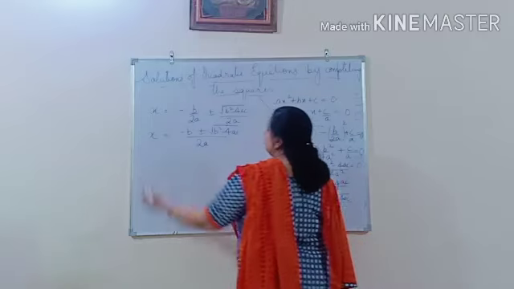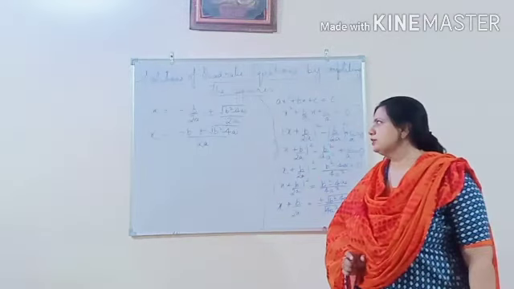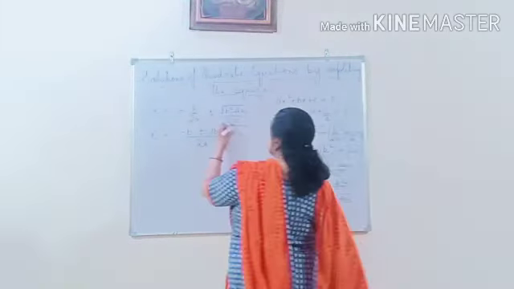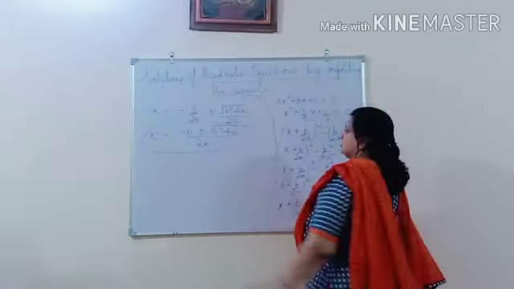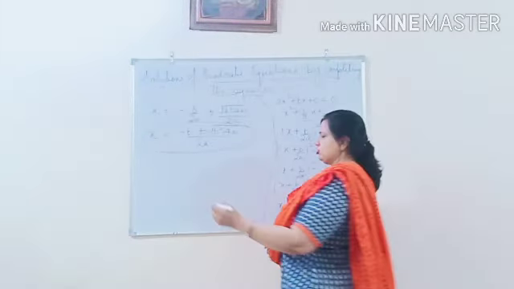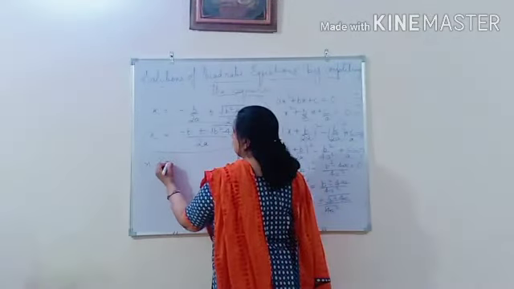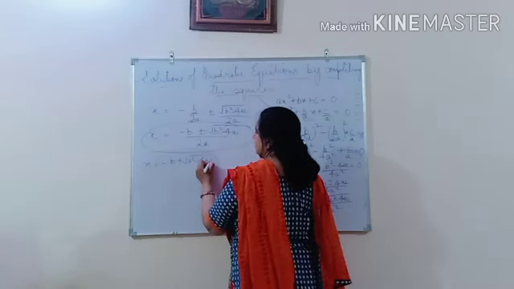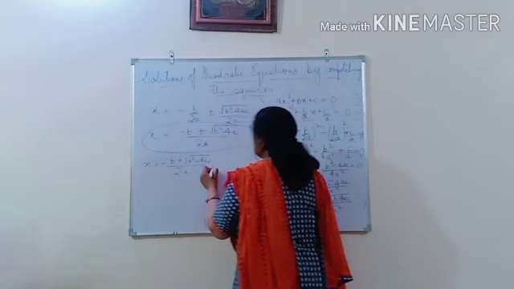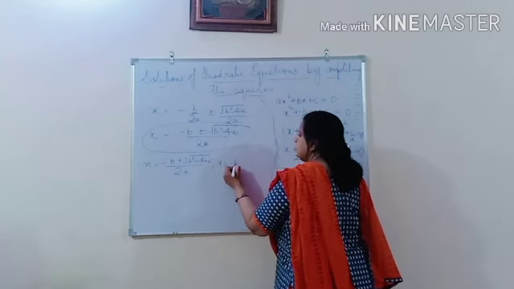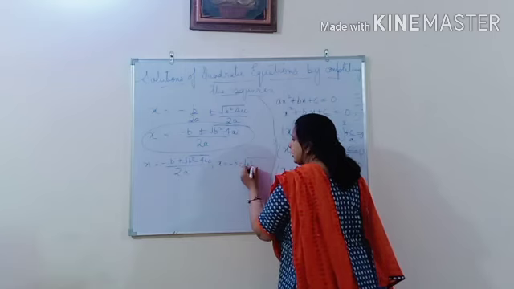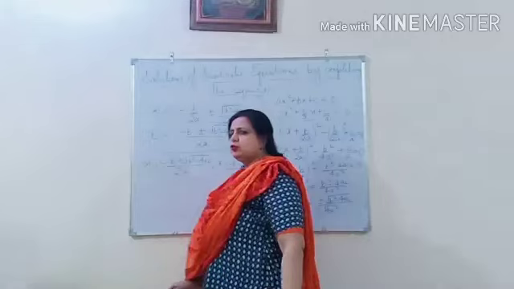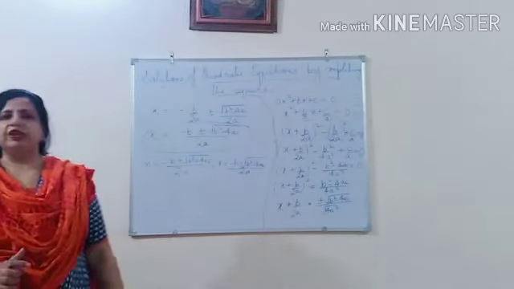So x equals minus b plus minus under root b square minus 4ac upon 2a, and this is nothing but the quadratic formula, in which one root is x equal to minus b plus under root b square minus 4ac upon 2a, and the second root is x equal to minus b minus under root b square minus 4ac upon 2a. These are the roots with the help of quadratic formula.